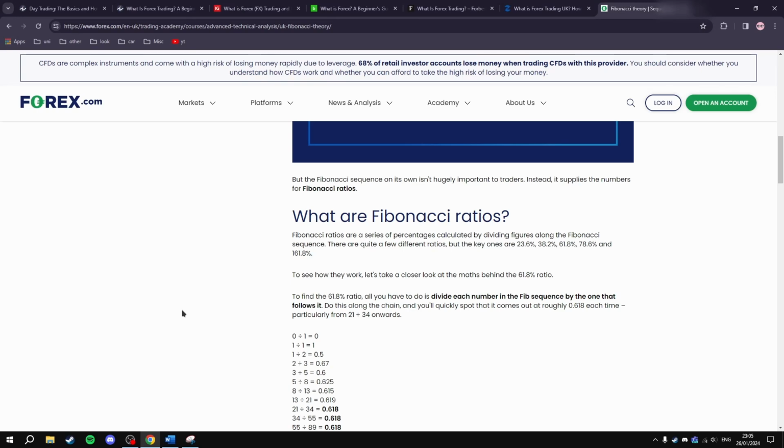There are quite a few different ratios, but the key ones are 23.6%, 38.2%, 61.8%, 78.6%, and 161.8%.